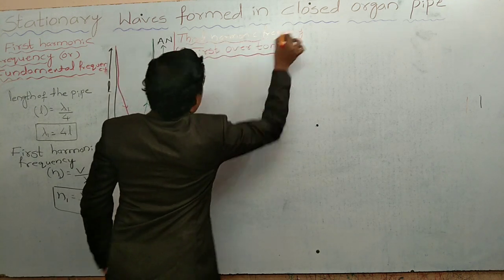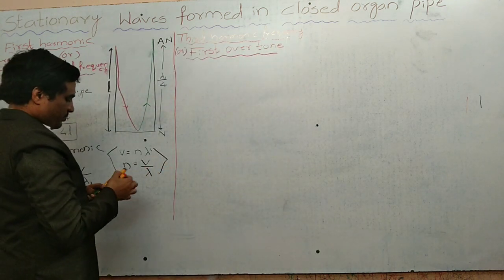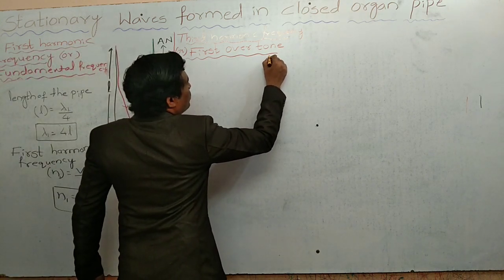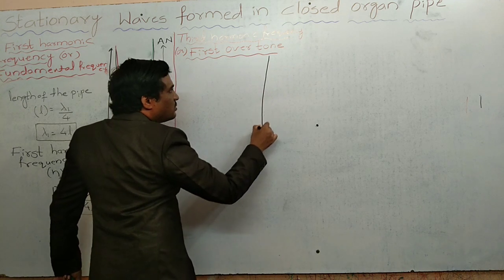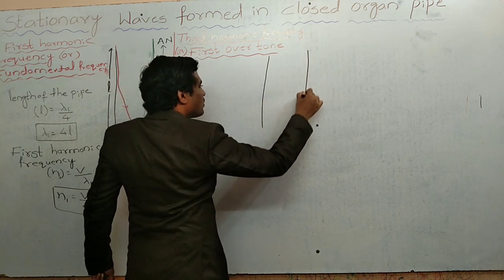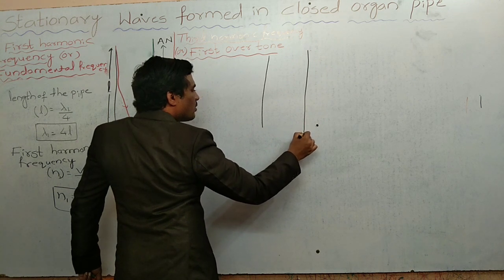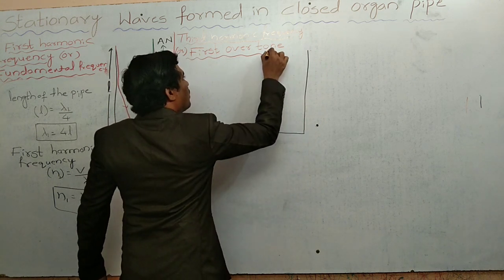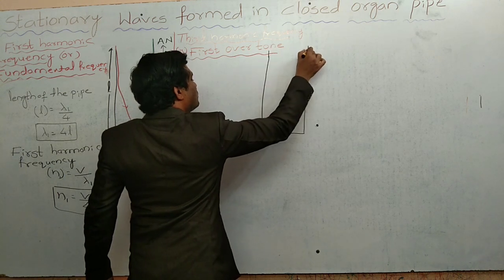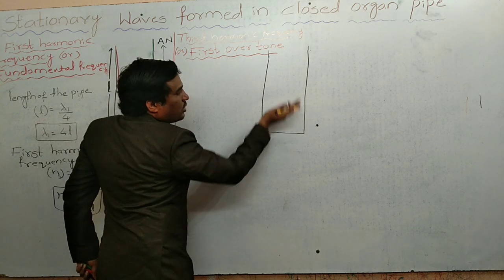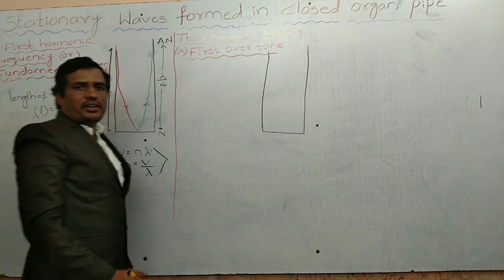Now again we should take one closed pipe. One end of the pipe is closed and the other end of the pipe is open.